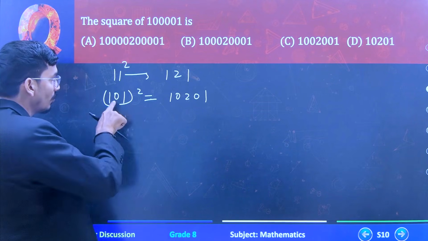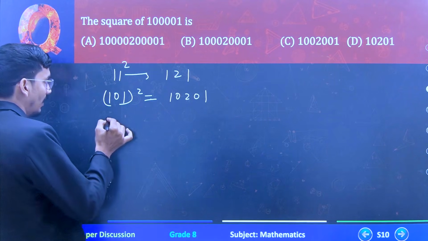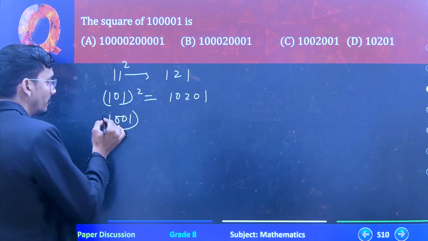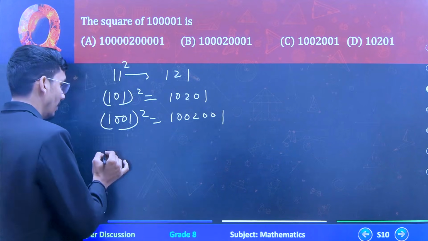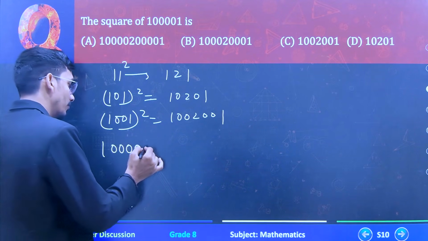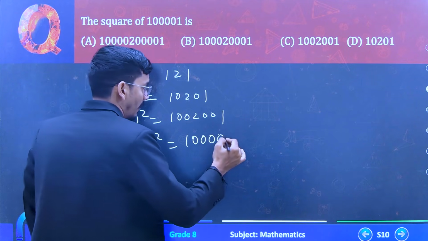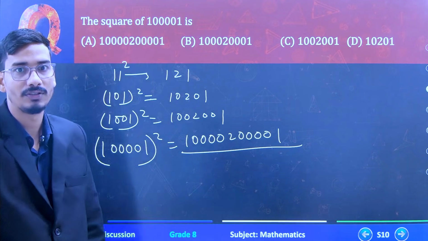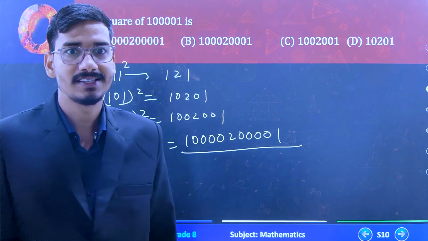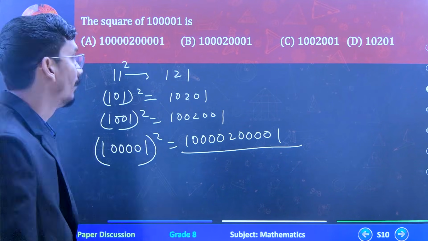Okay, if 10, then 20 is present on the left side and right side of the 2. If I am talking about 20, so 20 on the left side and 20 on the right side. If I am talking about 40, so 40 on the left side and 40 on the right side of the 2. So in this case, the square of 1, 4 times 0, 1 equals which quantity?